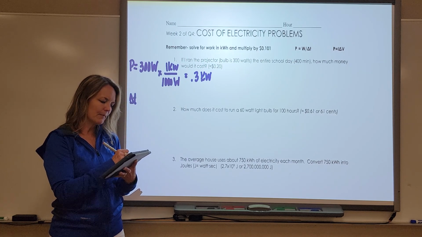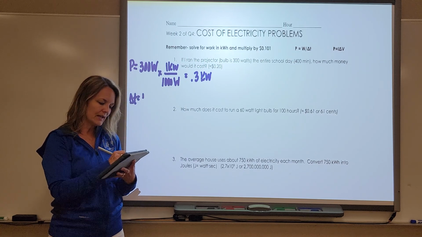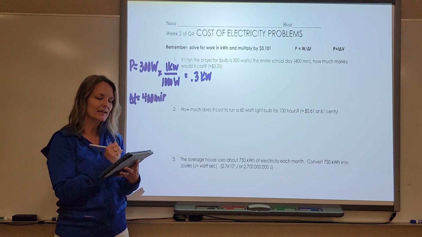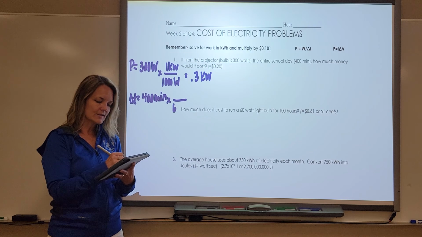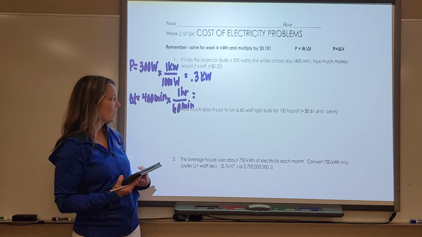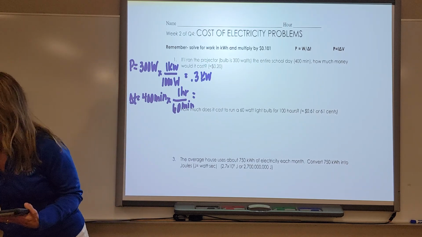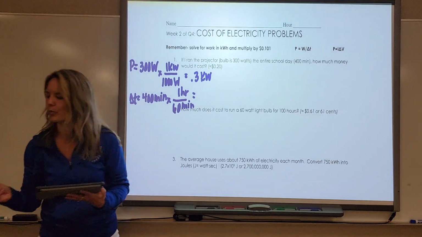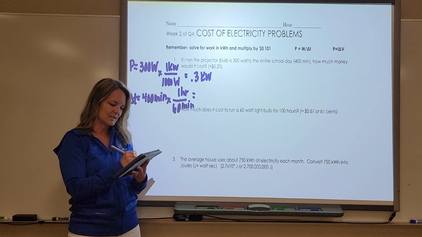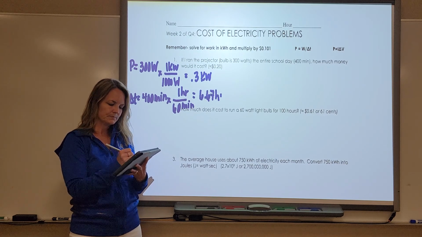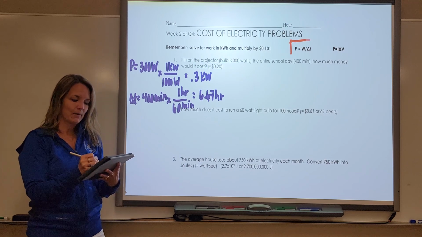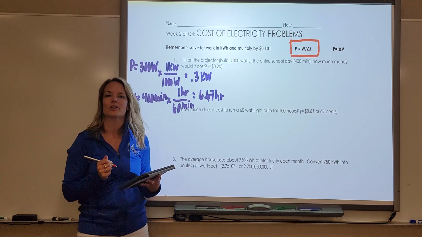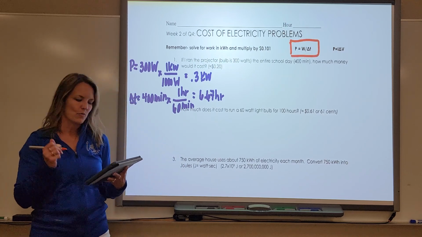Okay, my time, 400 minutes. I can't leave it in minutes. I have to be in hours. There are 60 minutes in an hour. So if I take 400 divided by 60, I end up with 6.67. I am now ready to use my power equation in order to solve for the work in a kilowatt hour.